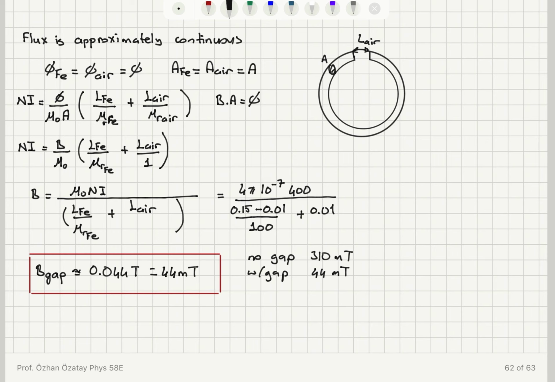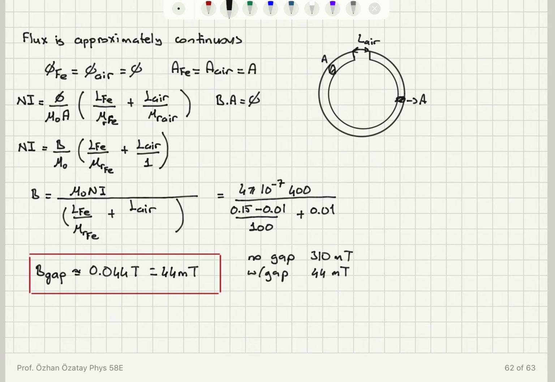Even though I haven't drawn this perfectly here, we're assuming that we have the same cross-sectional area here and here. And the total magnetomotive force Ni will be phi over mu 0 A, times the length of iron divided by mu R of iron plus the length of air divided by mu R of air, and we can calculate B to be 44 millitesla here.